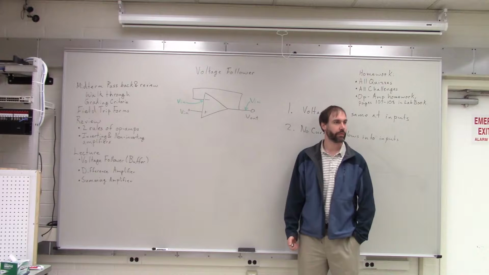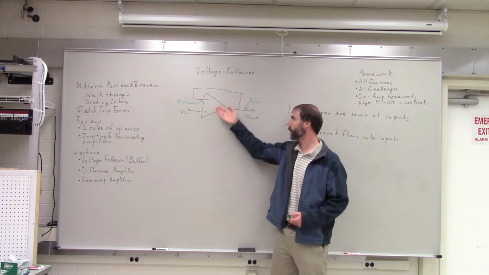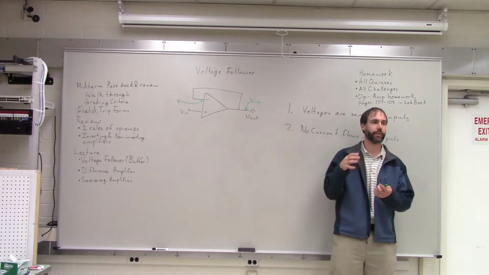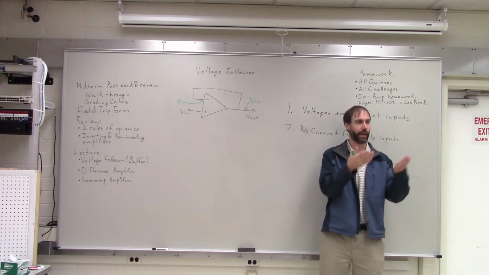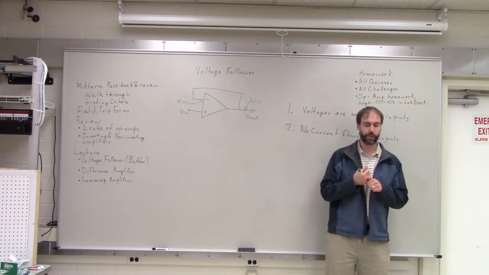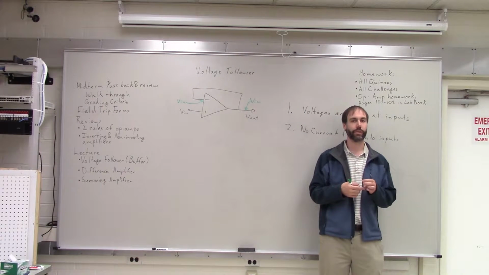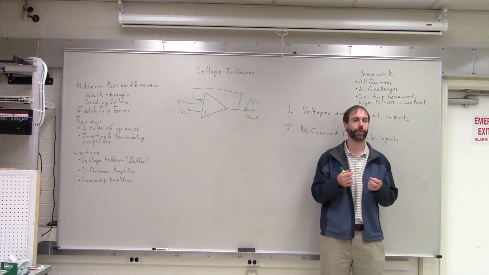Because it runs the current through the rails, right? Yes, exactly. This op amp is called an active component because it has power that it draws from other sources, from the power supply. Other components like resistors, capacitors, diodes, those types of components that don't have power supplies attached to them, are called passive components.